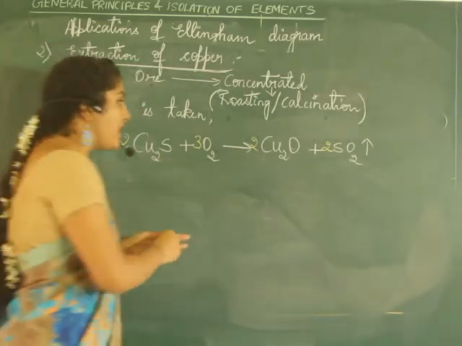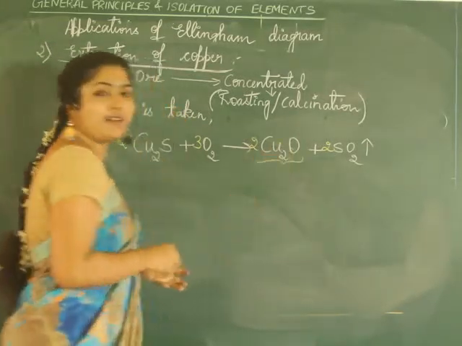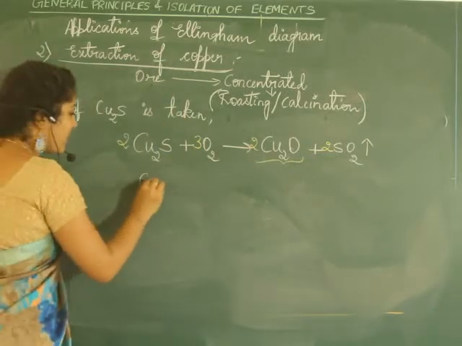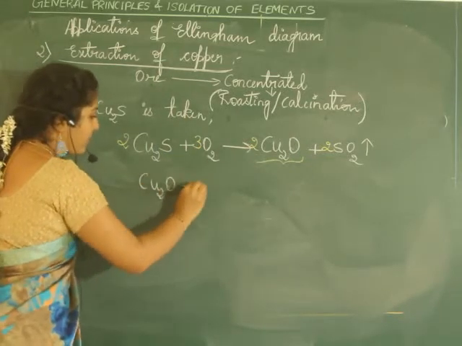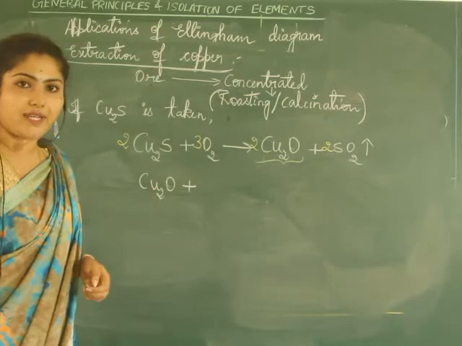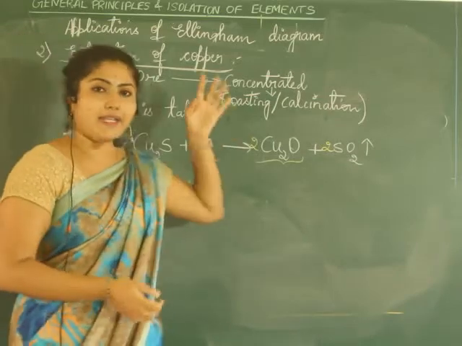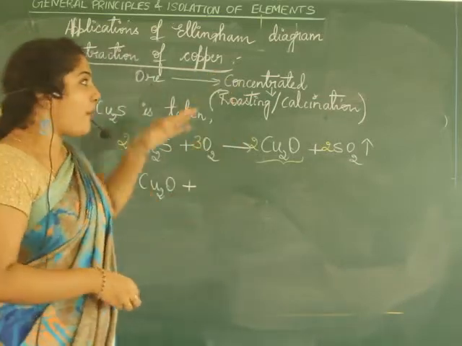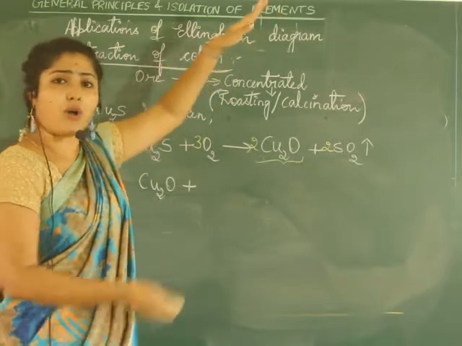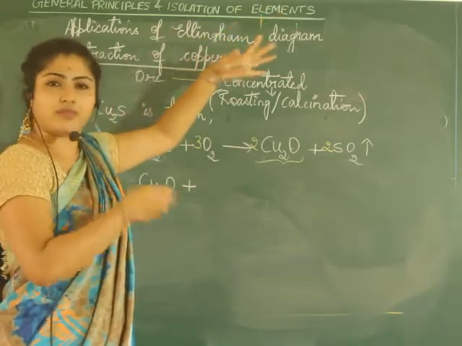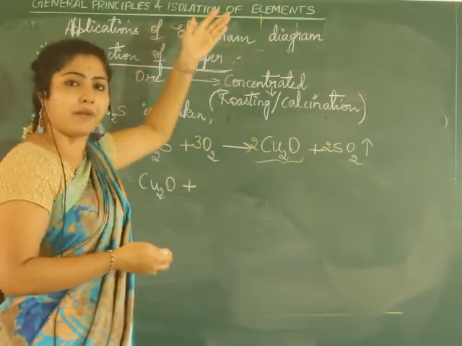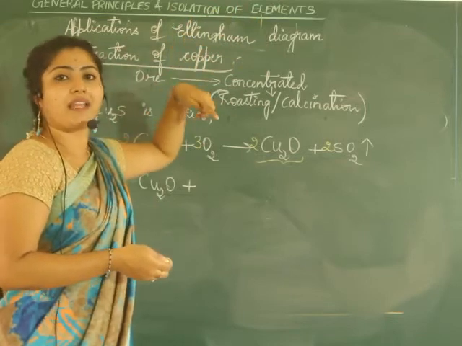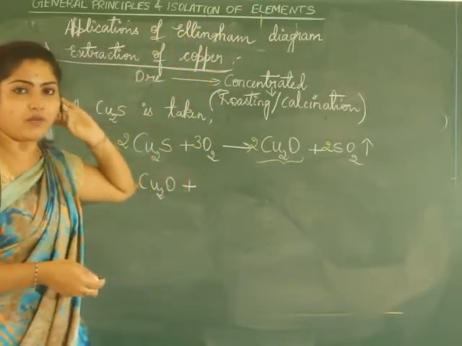Next, what is done? This oxide ore will be reduced. How is it reduced? Oxide ore is treated with, now which will be the reducing agent? You remember in the Ellingham diagram, if you observe, the copper line lies above all the other slopes. Most of the slopes lie below it. So carbon can be easily used as reducing agent.